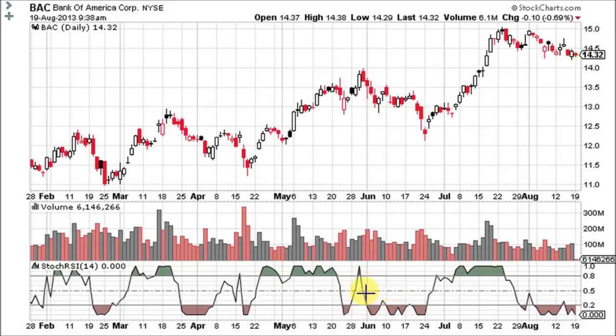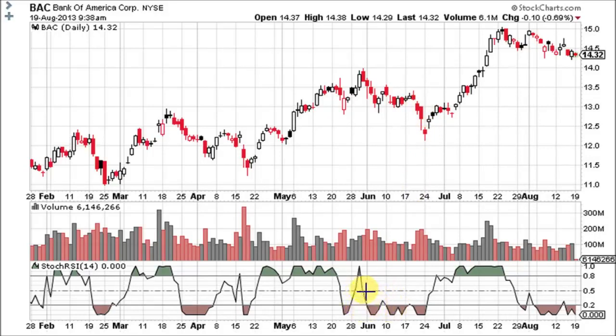0.5 is considered bearish. This entire time this is forming a bearish head and shoulders, left shoulder, head, two right shoulders, bearish chart pattern. And when it broke below neckline support in this area, it fell hard. So this was telling you it was below 0.5 and it was bearish long before.